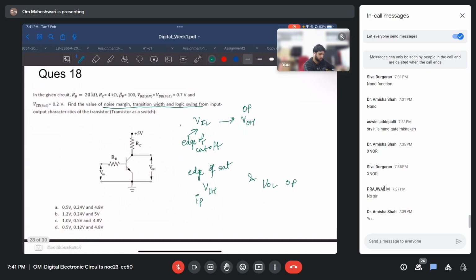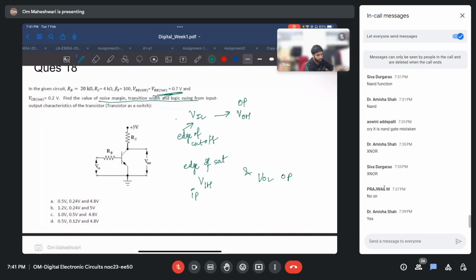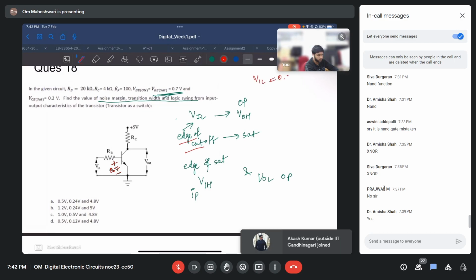We know that VBE sat is plus minus 0.7. Edge of cutoff means it is going from cutoff to saturation, so it will turn on just at 0.7. So 0.7 is the edge of cutoff, right? So our VIL will be 0.7.